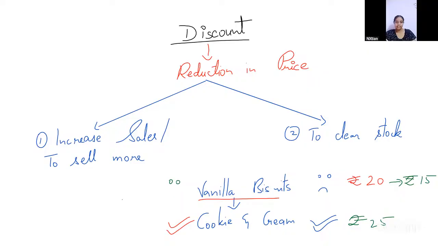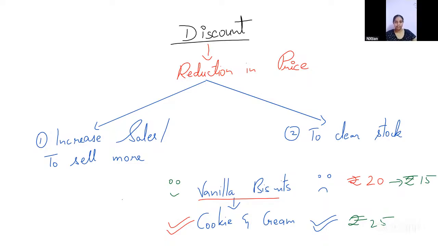Yes, the vanilla biscuits were 20 rupees first, and the cookie and cream was 25. Cookie and cream, because it is a new flavor, was a little expensive.